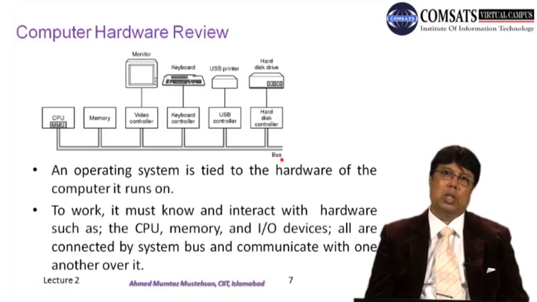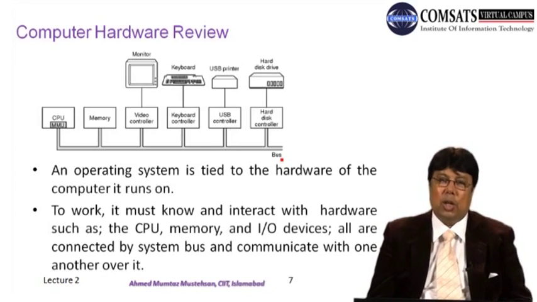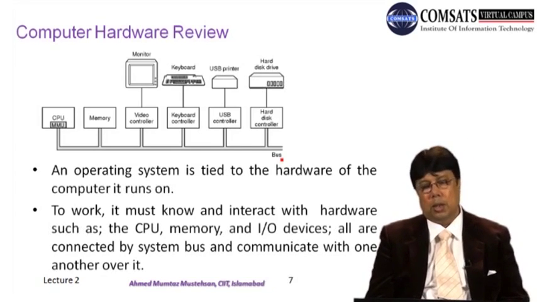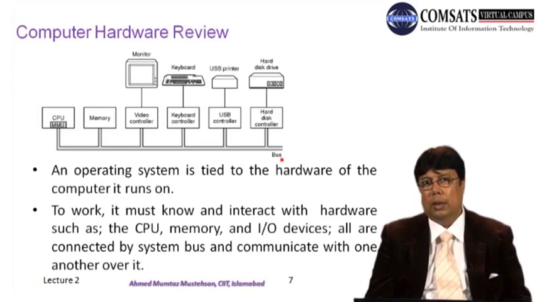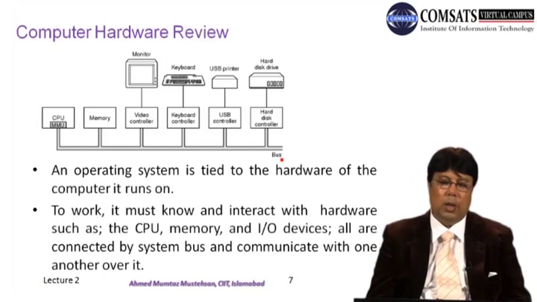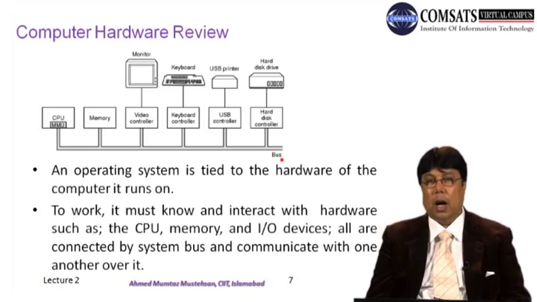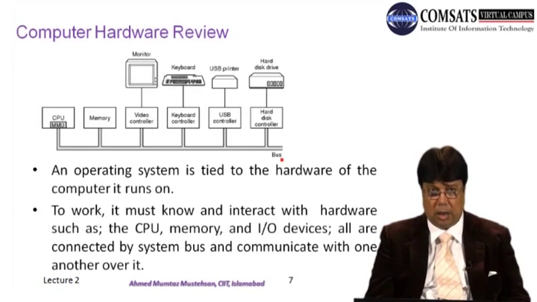This is the most simplified version, which is why I call it an abstraction of the computer system. More advanced versions are also available, and I will show you a block diagram with the most modern buses that have been invented and are being used in computer systems.